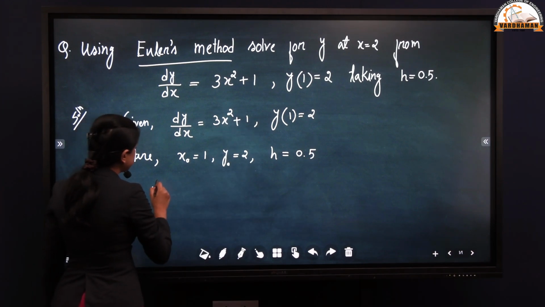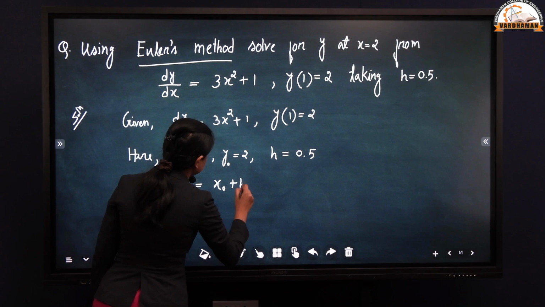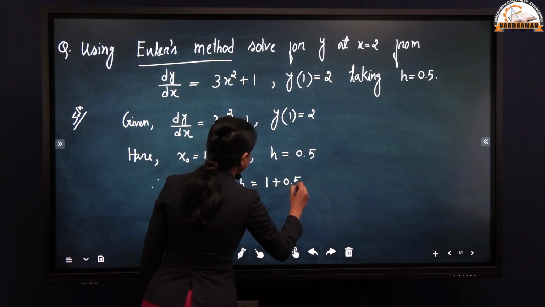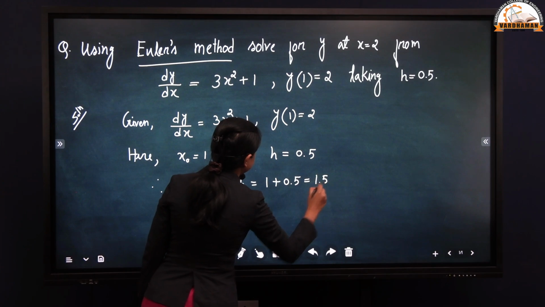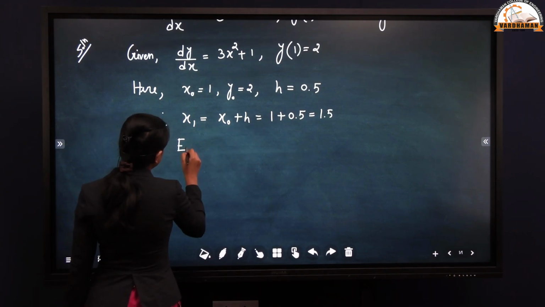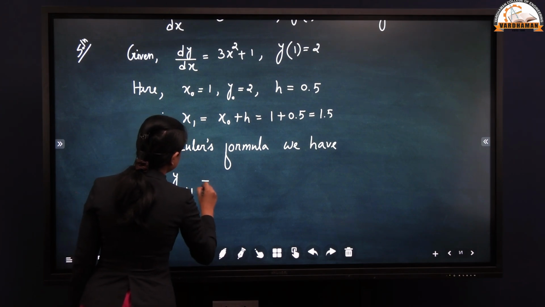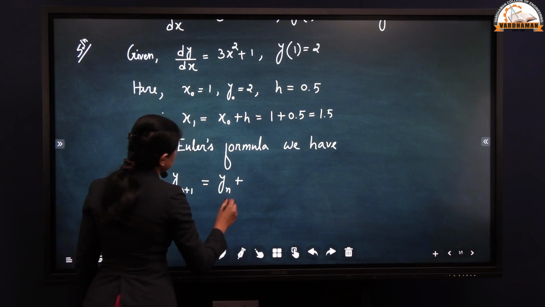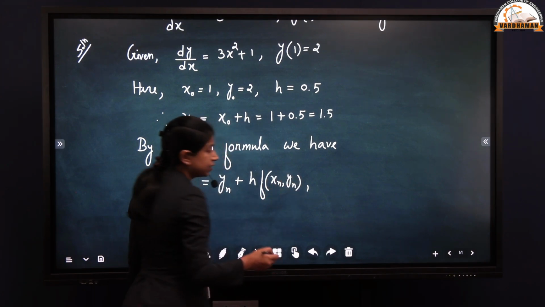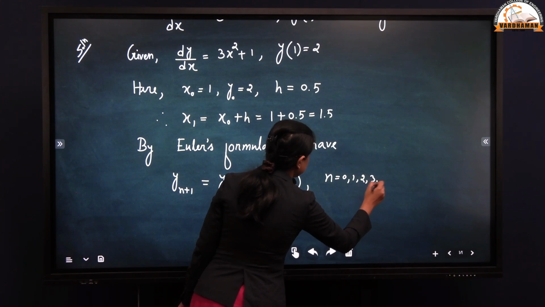Therefore, we can find x1 equal to x naught plus h, where x naught is 1 plus 0.5 equal to 1.5. Now by Euler's formula we have y n plus 1 equal to y n plus h into f of x n comma y n, where n is equal to 0, 1, 2, 3 and so on.